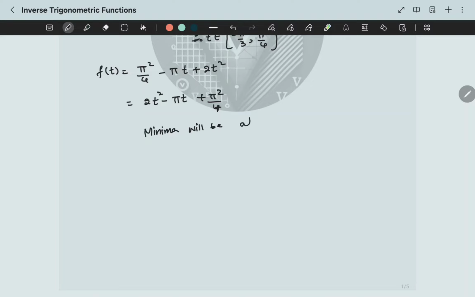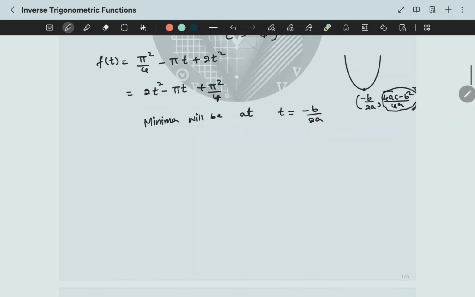The minima will be at t equal to minus b by 2a, which is the x coordinate of the vertex of the parabola. The vertex point is minus b by 2a comma 4ac minus b square by 4a, if I rightly remember, or otherwise you can find this value by replacing x with t at minus b by 2a.